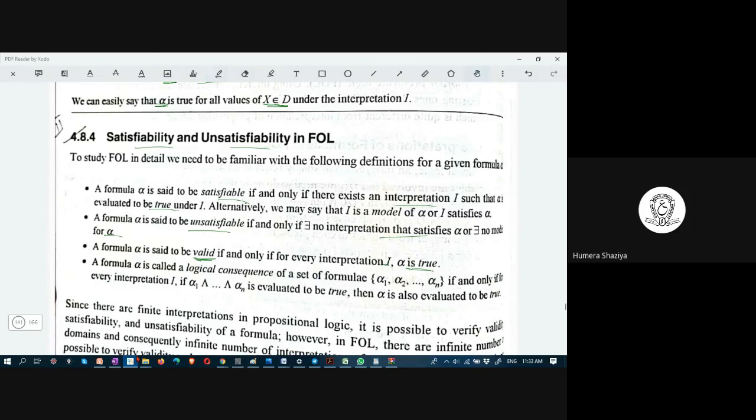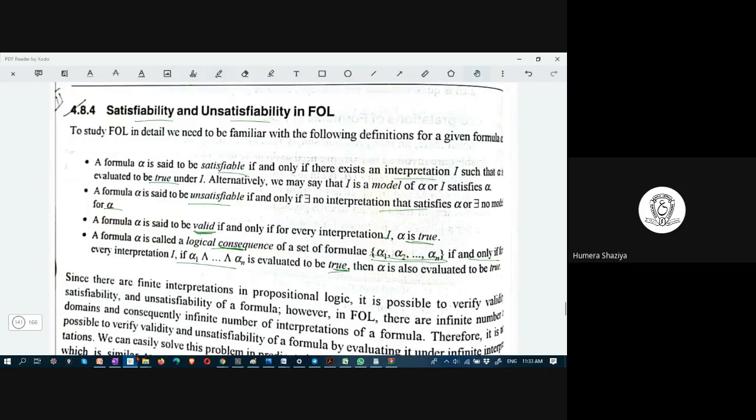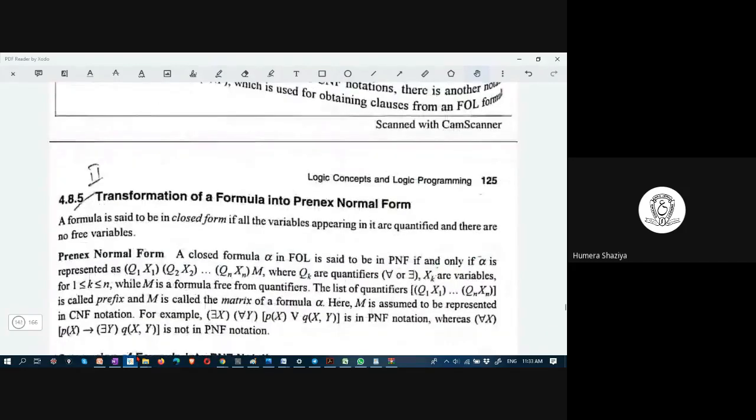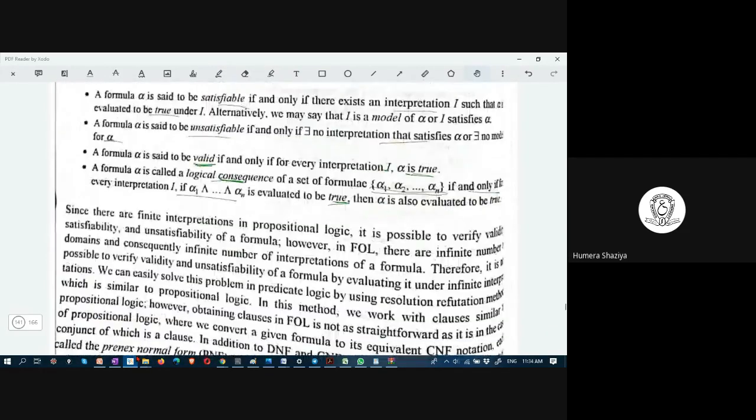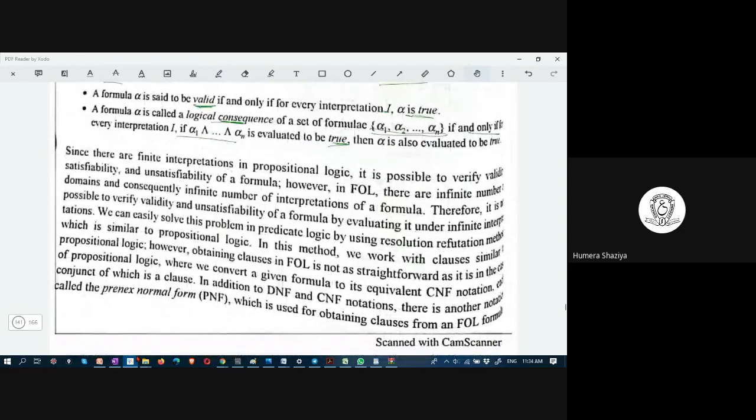A formula alpha is called a logical consequence of alpha 1, alpha 2, alpha 3, if and only if for every interpretation where alpha 1 up to alpha n evaluate to true, alpha is evaluated to true. If everything is evaluated to true, the whole formula is evaluated to true. Those are the rules of satisfiability and unsatisfiability in FOL.